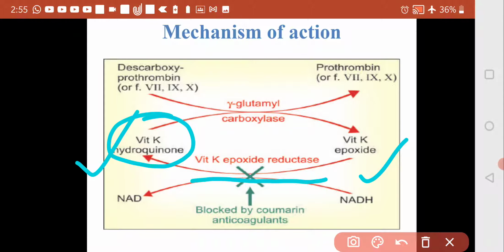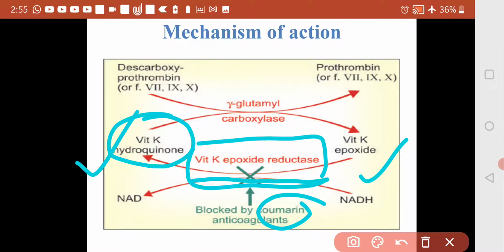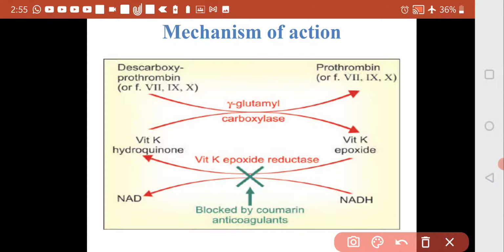So warfarin and other warfarin-like oral anticoagulant drugs, the coumarin anticoagulants, inhibit the vitamin K epoxide reductase enzyme. So there is no reduced form of vitamin K available.